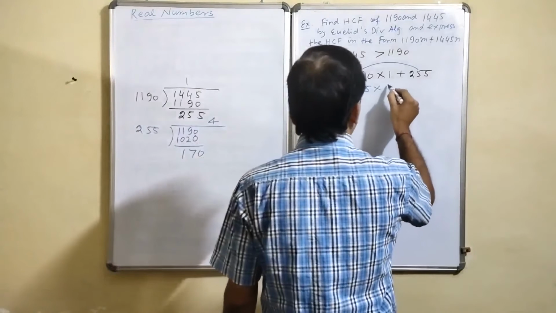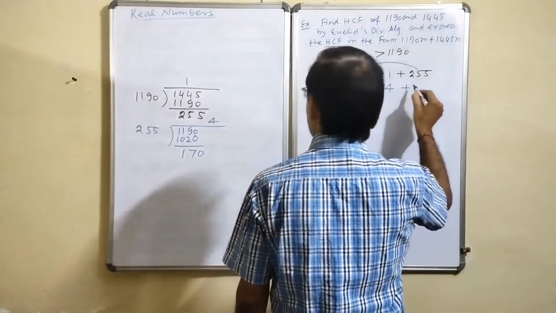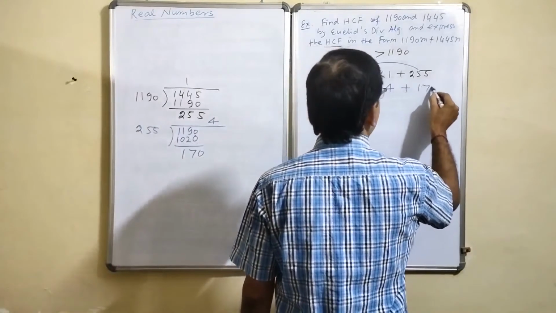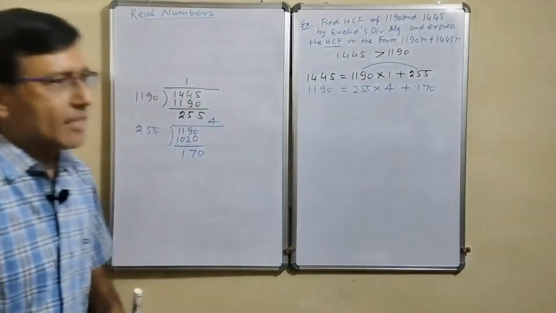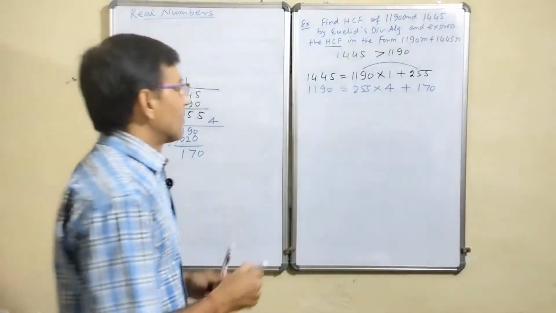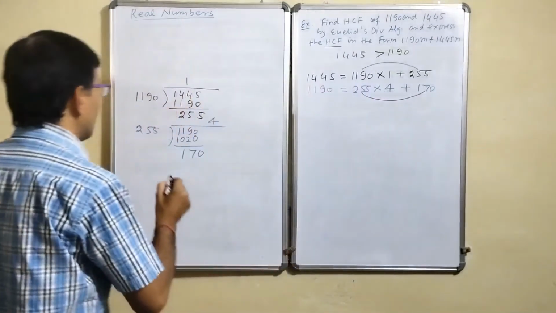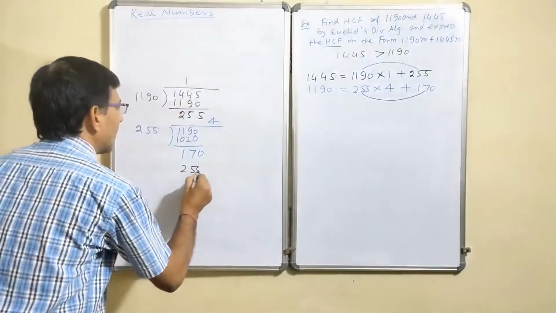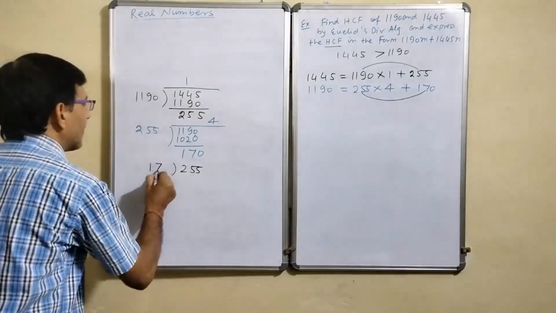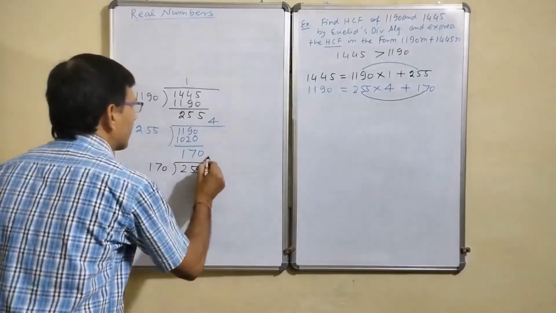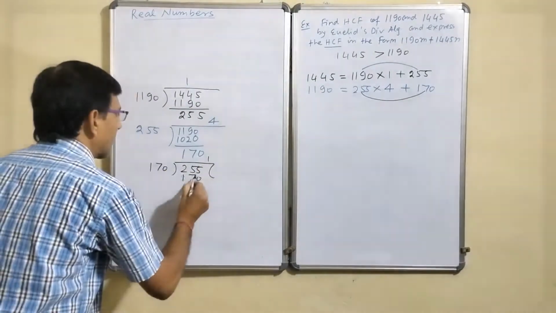So the quotient is 4 and the remainder is 170. Again you see that the remainder is not 0. So once again apply division lemma between 255 and 170. This is 1 times 170.